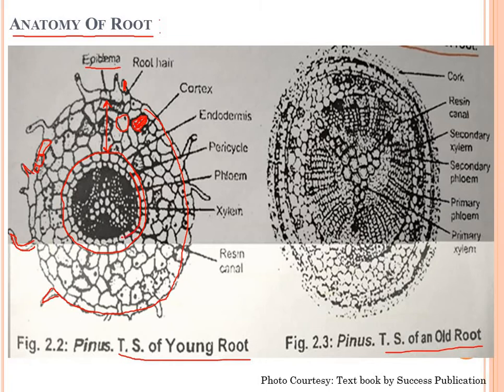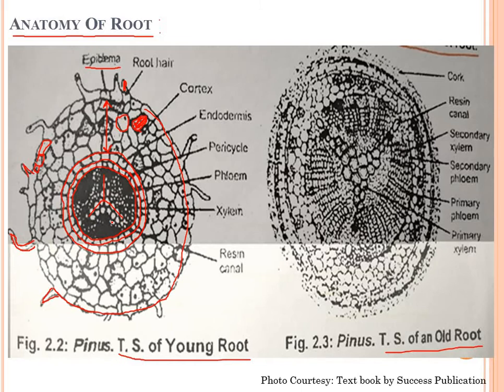Single layered pericycle is present beneath the endodermis. Inside the pericycle, the vascular bundle is present, and actually the vascular bundle is Y shape. See, this is the Y shape vascular bundle present inside the endodermis.